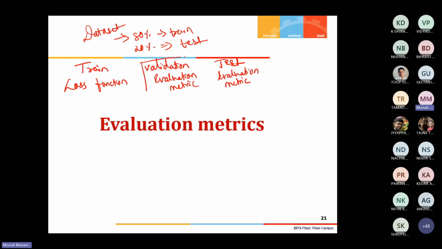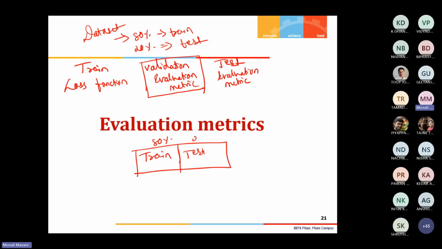Right now, let's hold off on the validation part. Let's say we are dividing our data set into train and test. There is something called validation that will also come into the picture, but I'll discuss this later.